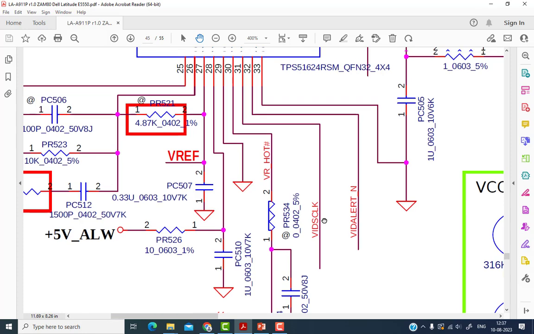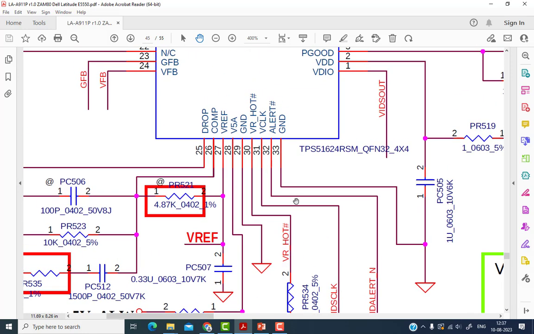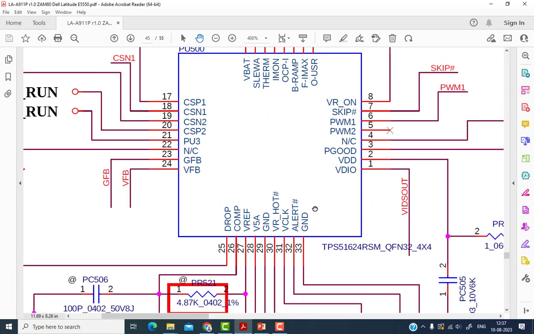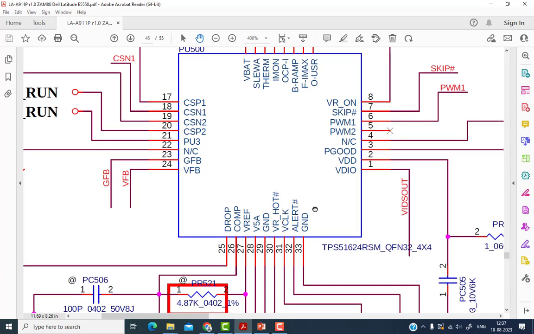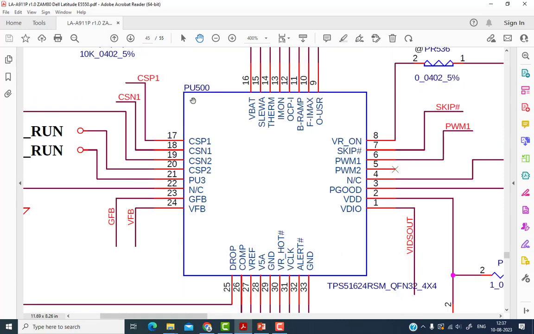These are the signals going to this VRM chip, and the CPU starts communicating, asking how much voltage or current is required. And once this voltage is stable, then this VRM chip, location number 500, chip number TPS51624, generates the power good signal from pin number 3. Pin number 3 is the output pin, called PGOOD.